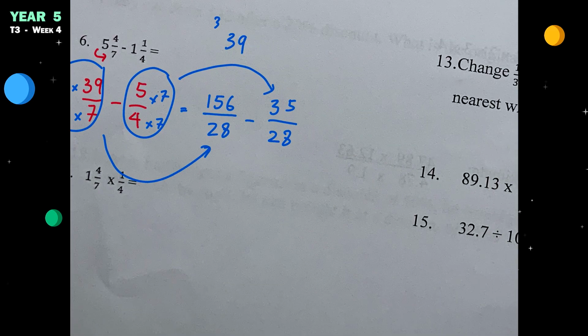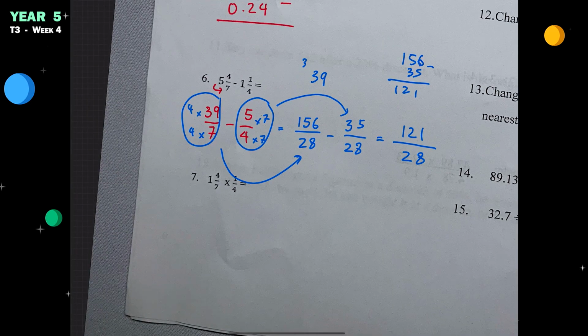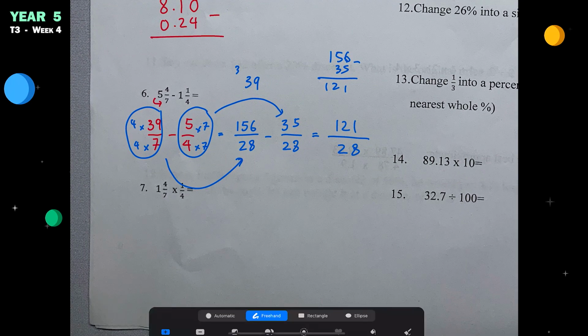Now that they have the same denominator, we can subtract them. So we can just leave this 28. 156 take away 35 will give you 121. Yeah, that's correct. Okay. So now you got that answer, but we're not finished.